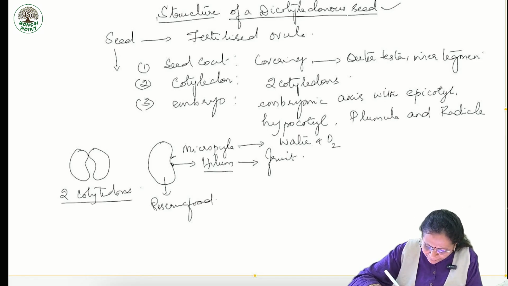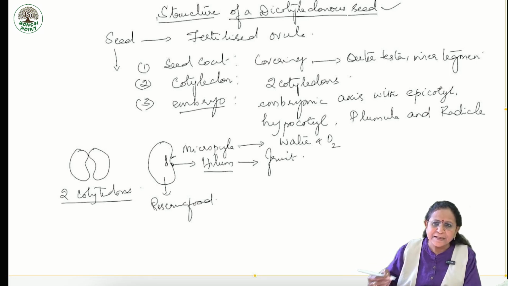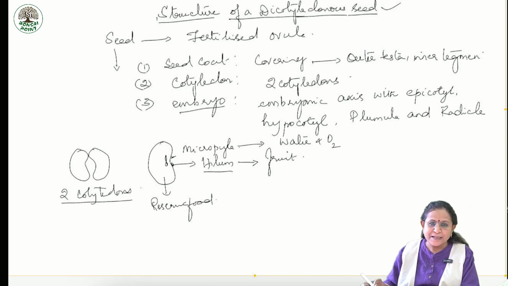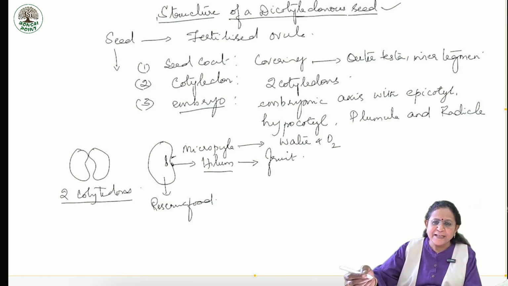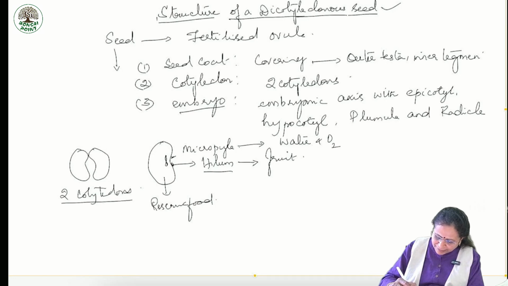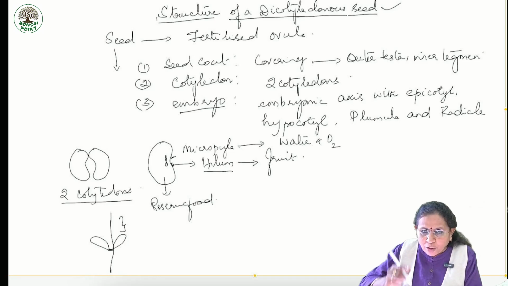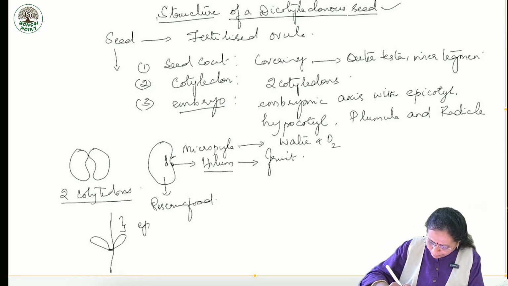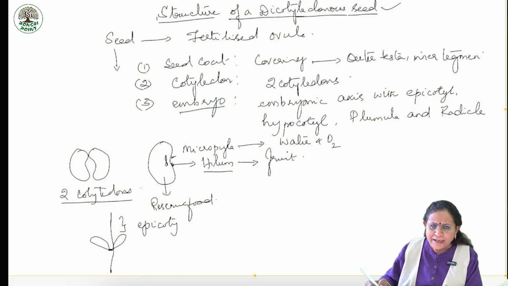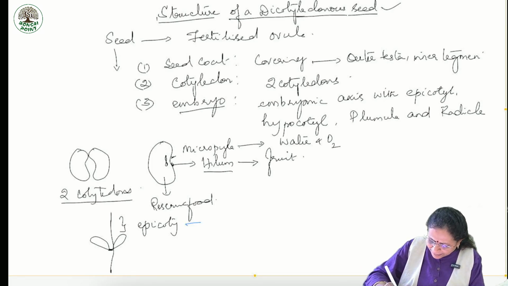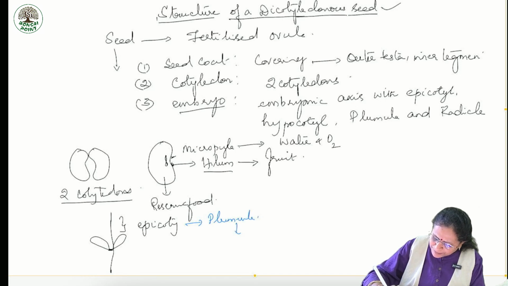Now, when the embryo develops, it differentiates into the following. See, these are the two cotyledons. This is the embryonic axis. The portion above the level of the cotyledon is said to be epicotyl, which later develops into plumule, and plumule develops into the shoot system.